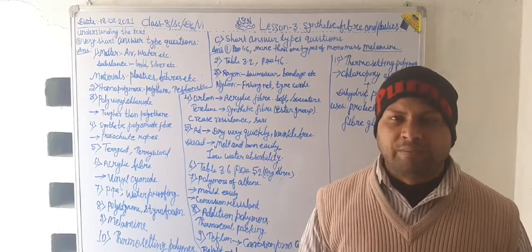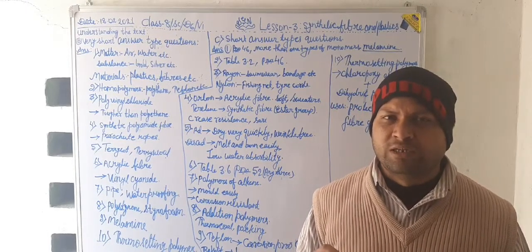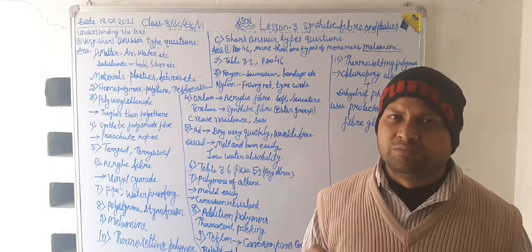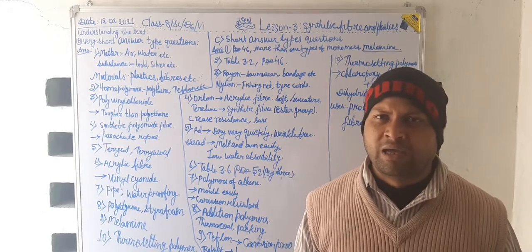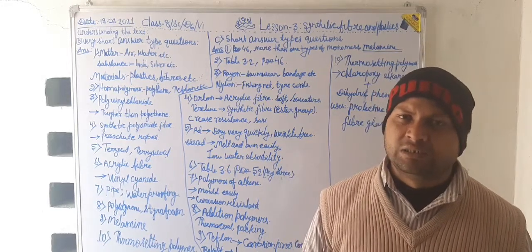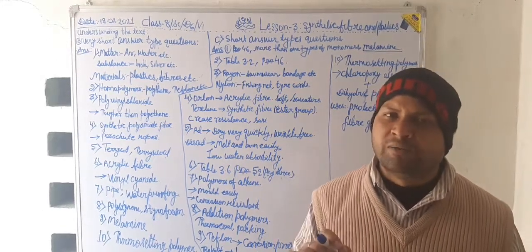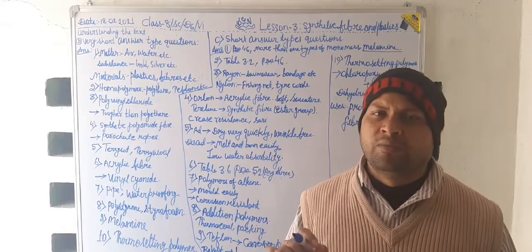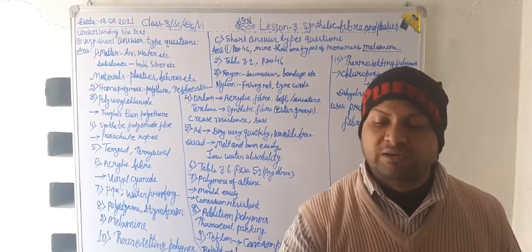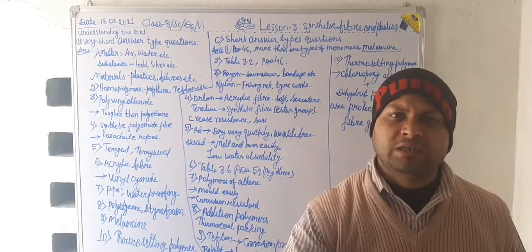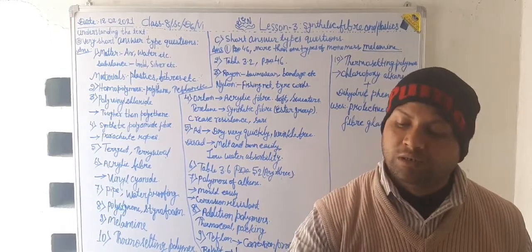Synthetic fibers are not affected by alkalis and acids, while natural fibers are affected by alkalis and acids. So these are the differences between natural and synthetic fibers.